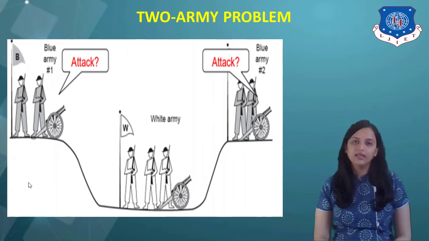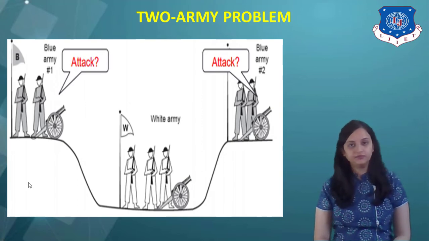Here two valleys are indicated, that means in a valley the white army is situated and on the two opposite sides teams of the blue army are indicated. If both blue army 1 and blue army 2 want to defeat the white army, they have to communicate with each other and attack at the same time. As you can see, the blue army has 2 persons at one side and 2 persons on the opposite side.